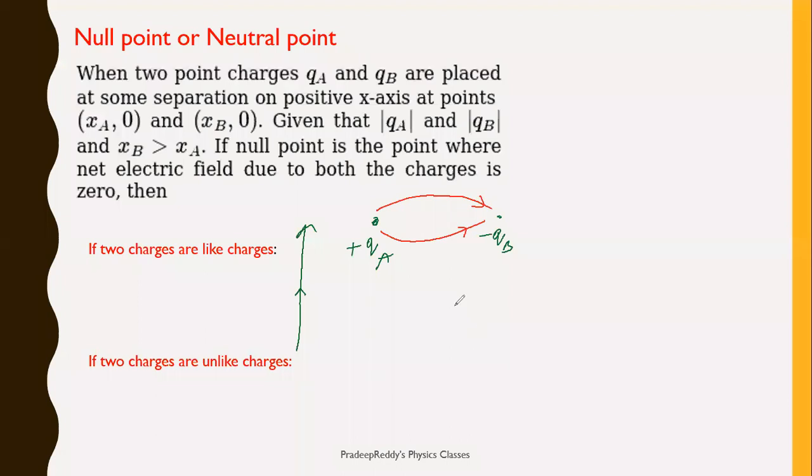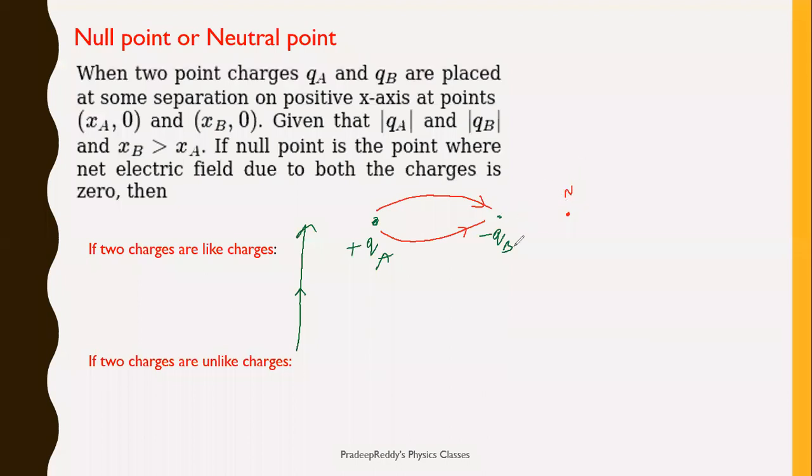Now a null point can be obtained outward from these two charges. It can be somewhere outside these two charges. Like let me take this position. I can say that the null point can be formed over here.